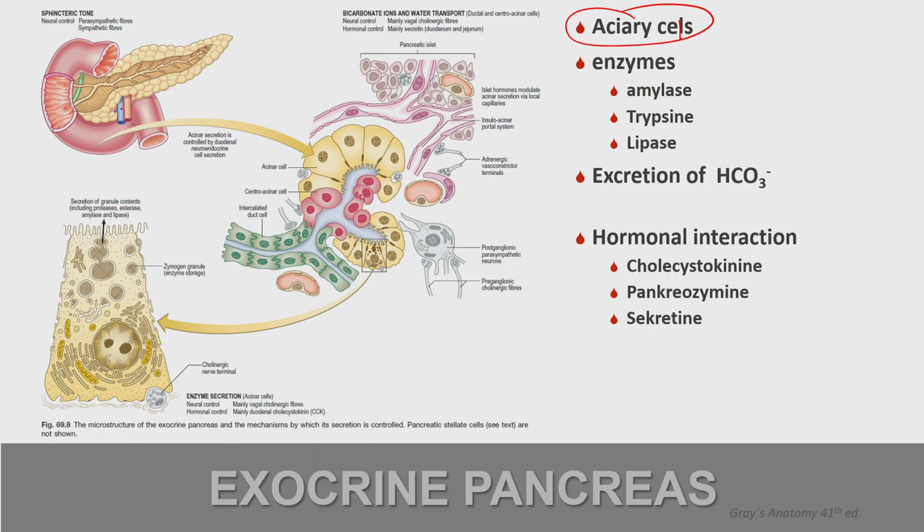So amylase is for glycids, trypsin for proteins, and lipase for lipids. And also important is excretion of HCO3 ion.